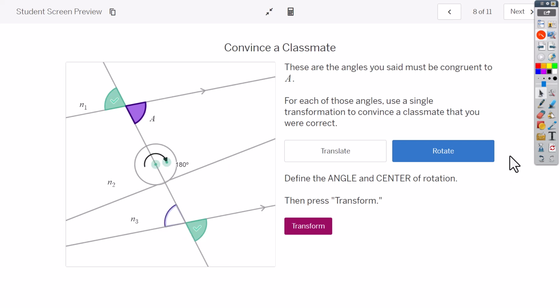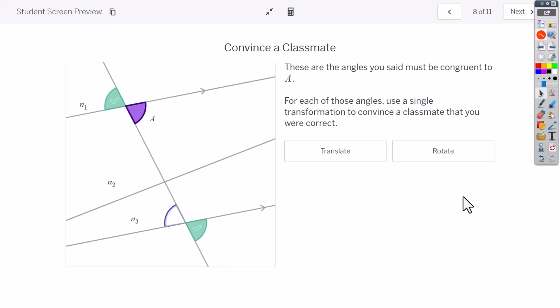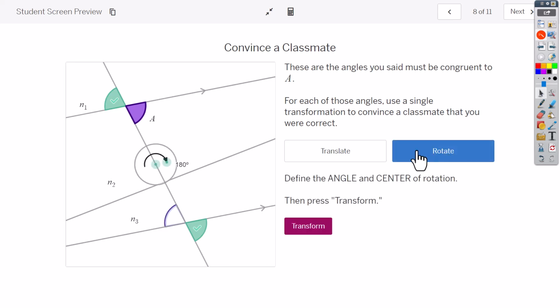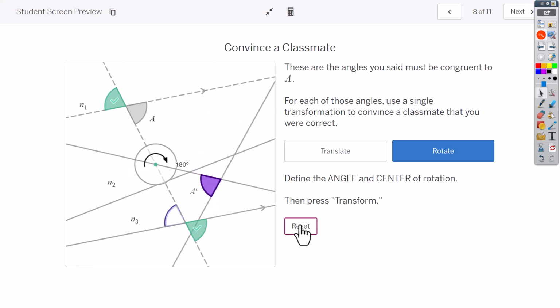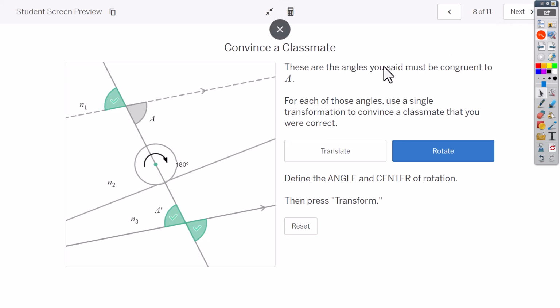I'm going to rotate 180 degrees. Well, I'm going to try to rotate 180 degrees. There we go. And there it is. So angle A has three congruent angles if I know that I have two parallel lines. And I know that because I have these arrows on these two lines to indicate it.